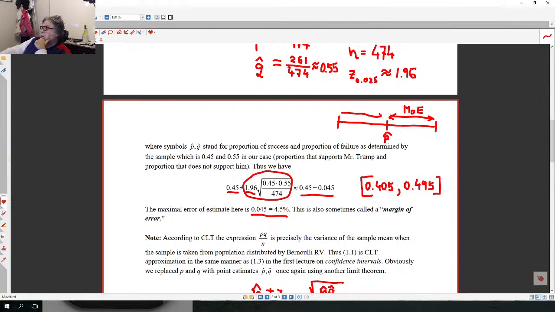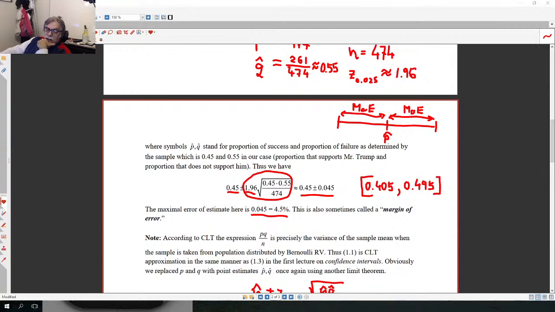The same thing here. So you got a margin of error, and then you can simply subtract the end of the interval minus the p hat, or p hat minus the beginning of the interval.